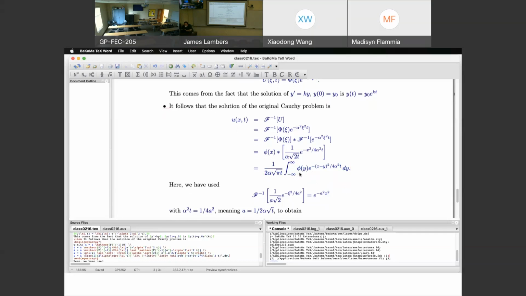A way to interpret this integral is, if t was equal to 0, this integral would turn out to be just phi of x. But for t greater than 0, in a way what's happening is the content of phi of x is being smeared all over the real number line. Which is what you would expect physically, because suppose your initial temperature profile is, let's say, the temperature is 0 throughout the domain, except at one place you have a heat source.